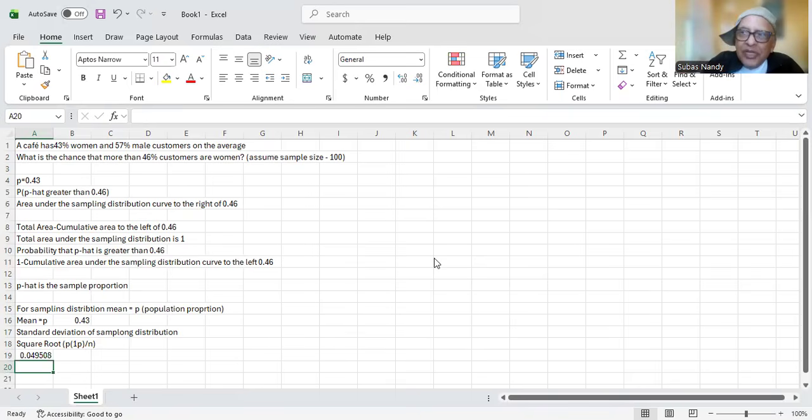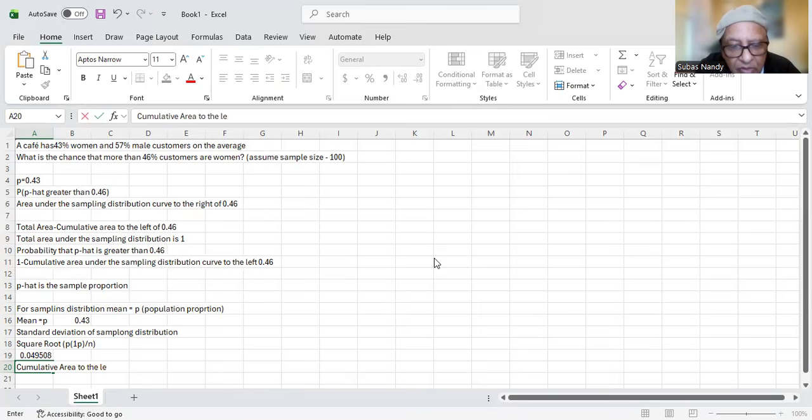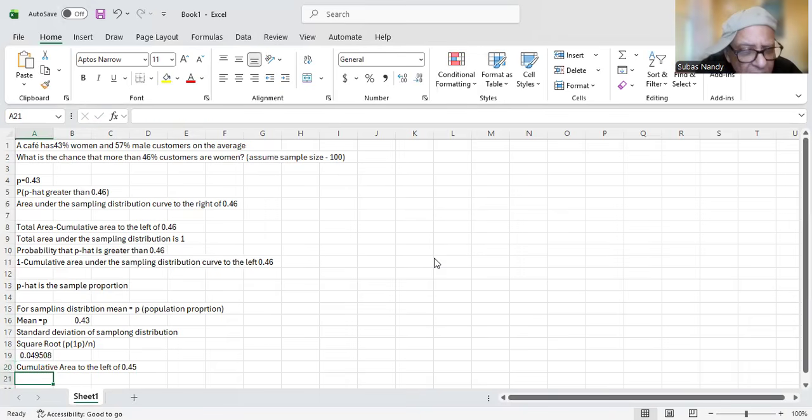Further, I want the cumulative area. The cumulative area is always the area to the left. So cumulative area to the left of 0.46 is equal to, what is the formula for that?